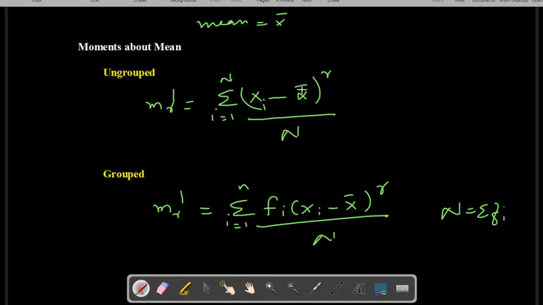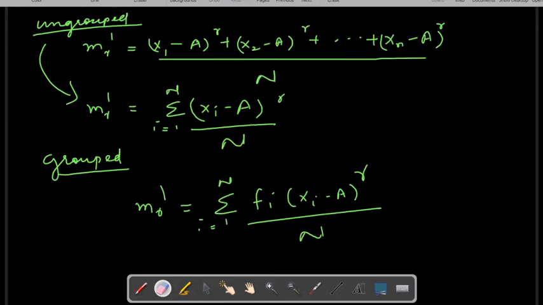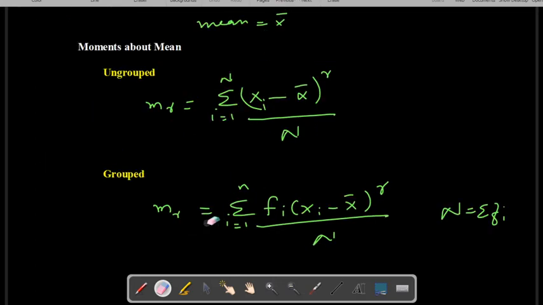This is the moment about mean, and for this there is a slight change in notation. You will represent this as mr alone. So remember that for the other two we write mr dash, but for this we write mr alone. So moments about mean is written as mr. There is another name for this, central moments, but it is not written in your text.